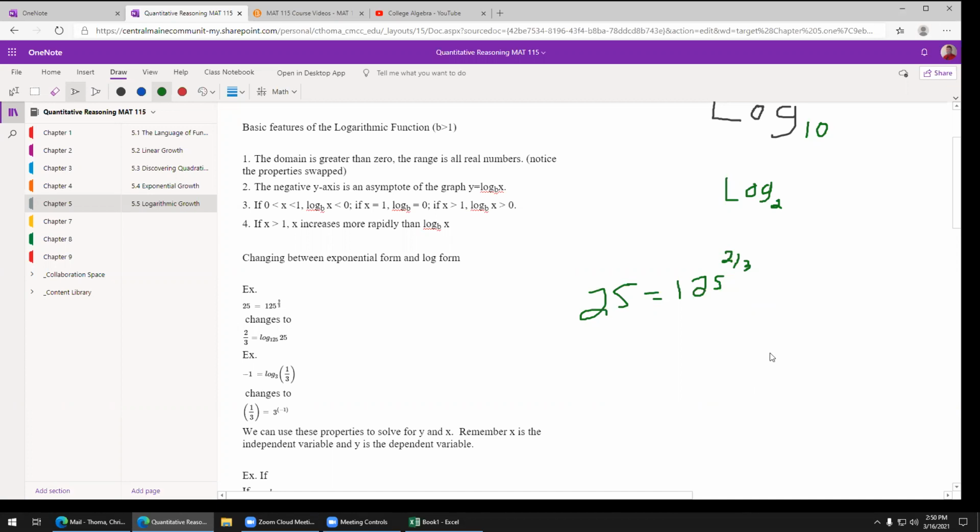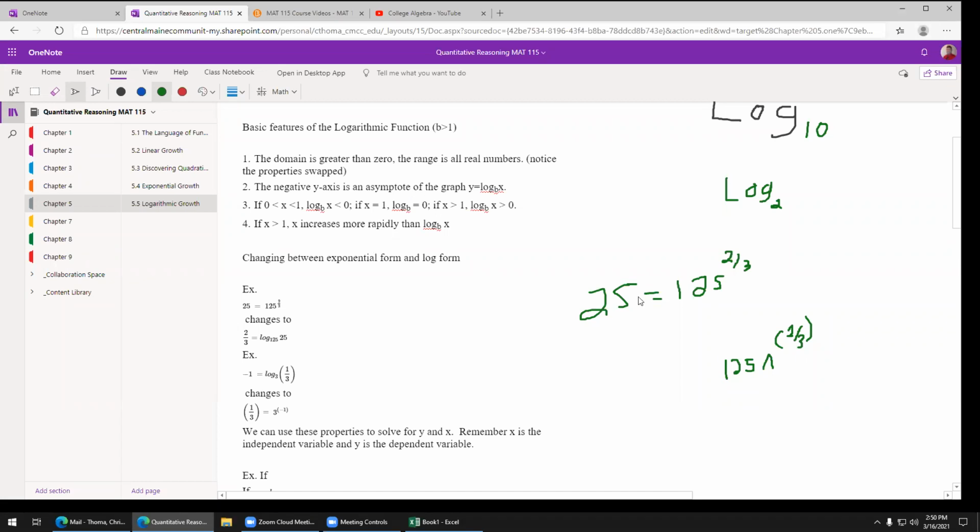Use the caret key and put in parentheses 2/3, or if you have an exponent key, put in the exponent. Your calculator will tell you it is 25.